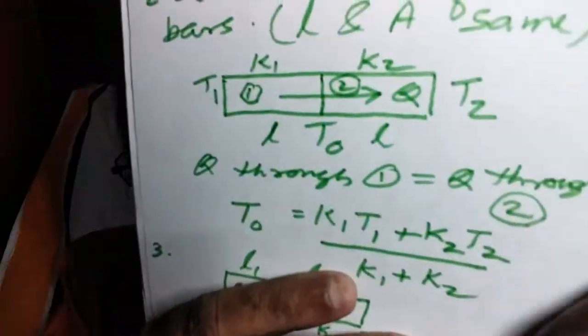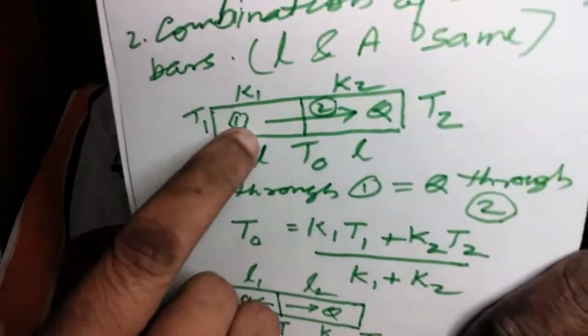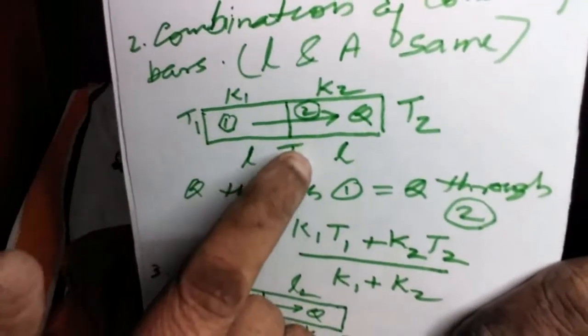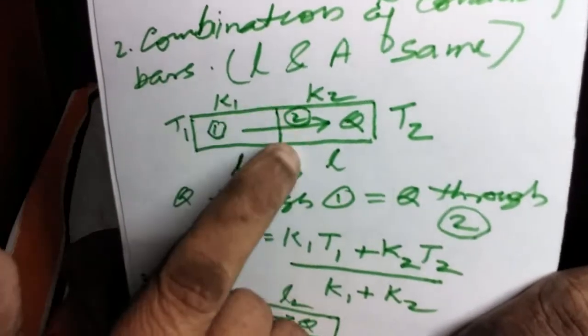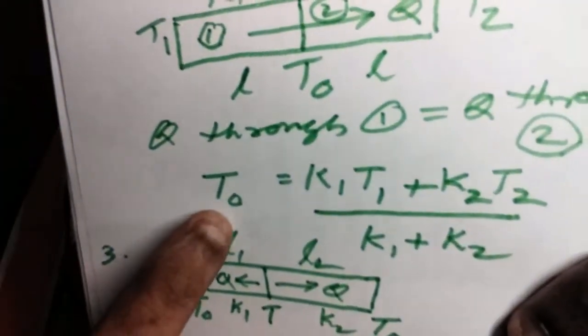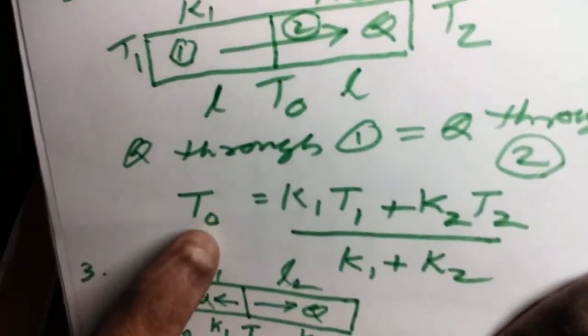I think that I have introduced this earlier. Anyway, we can see the formula. In such a case, the junction temperature can be found out by this formula. You can remember it because it is very essential in entrance exams, etc., competitive exams.